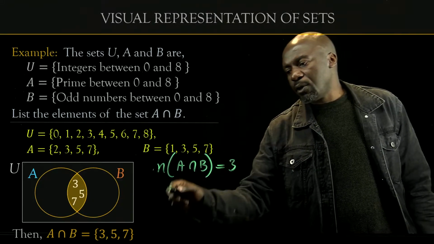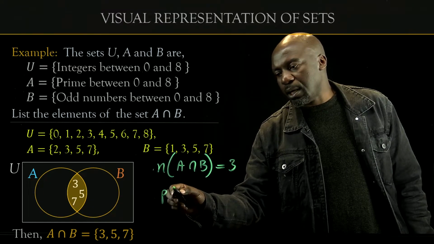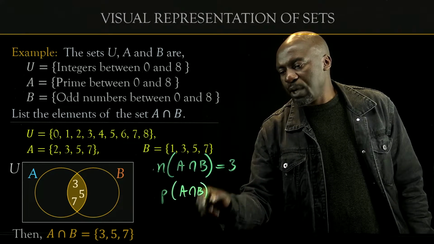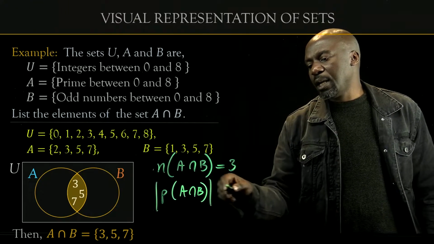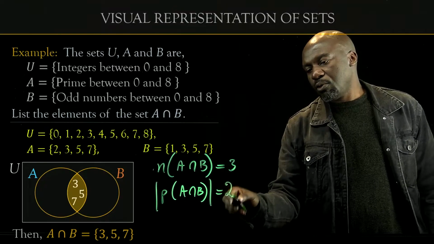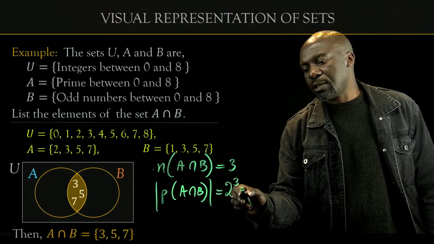Similarly, if we were asked for the number of subsets, that means the power set of A intersection B. We can list the elements, but if we are looking for the number of elements in the power set, then that is going to be 2 to the power of 3, 2 to the power of the number of elements, and that's going to be 8.